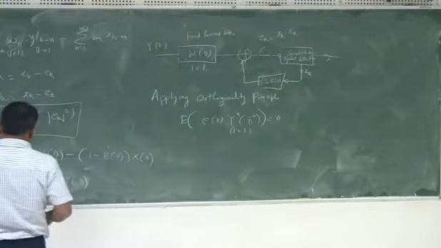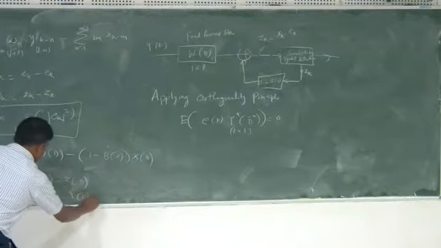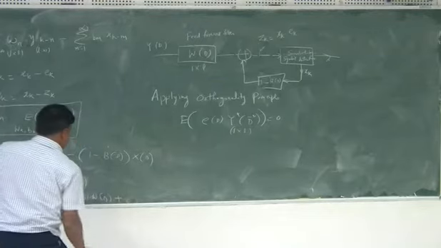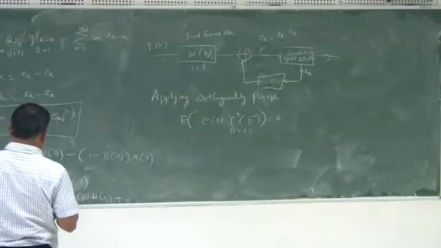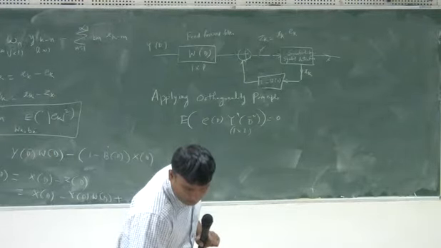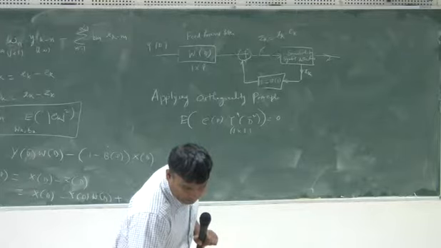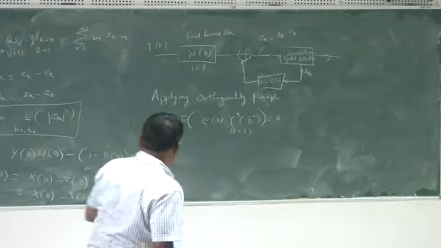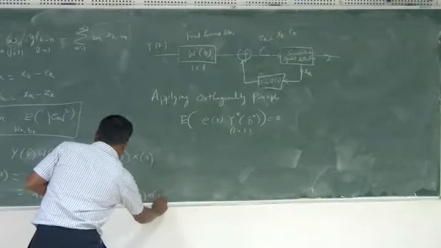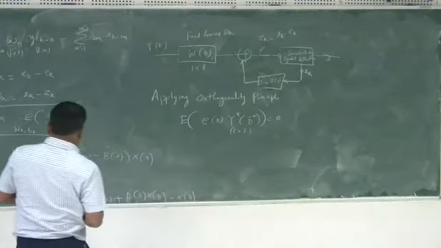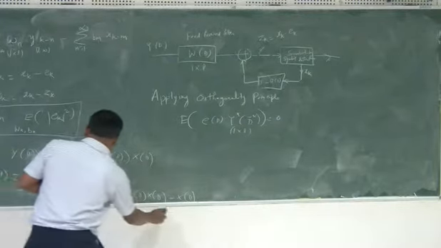Okay, what is E of D? E of D is x of D minus z of D, that is minus y of D w of D, plus b of D into x of D. No, this is minus, plus.